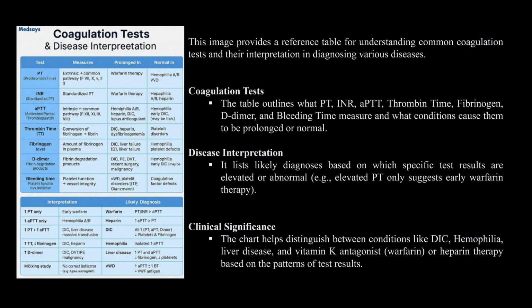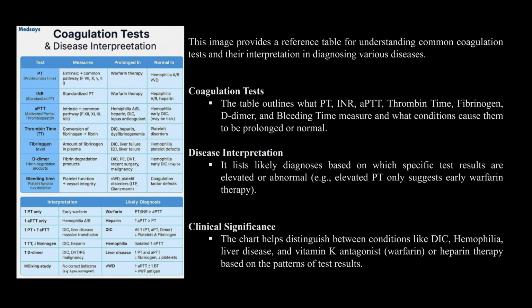Clinical interpretation: the results help distinguish between several conditions. PT only prolonged: early warfarin therapy or vitamin K deficiency. aPTT only prolonged: hemophilia A or B, heparin use, or von Willebrand disease. PT and aPTT both prolonged: liver disease, advanced warfarin therapy, or DIC.